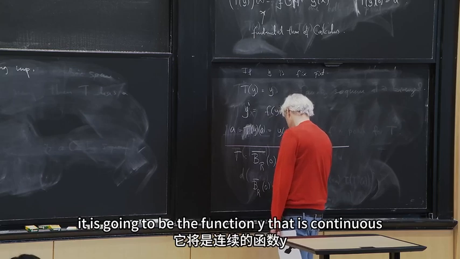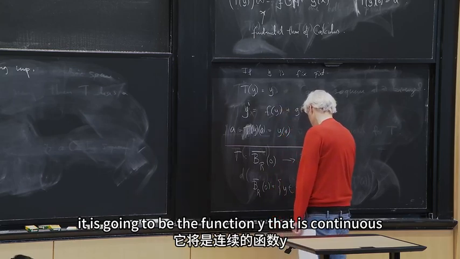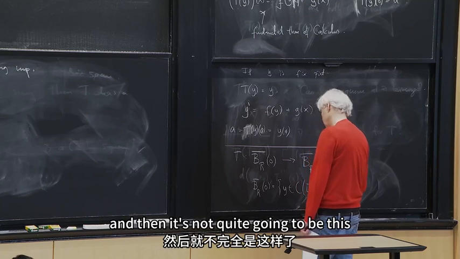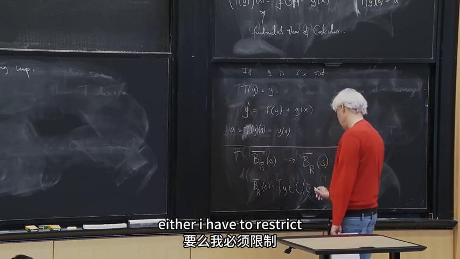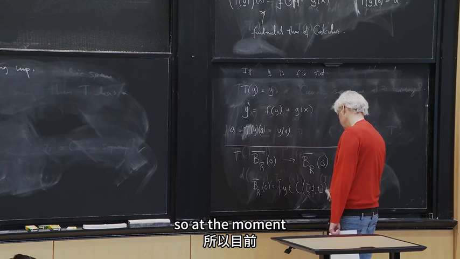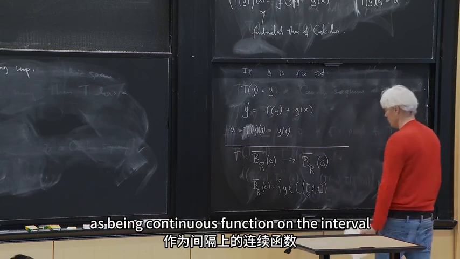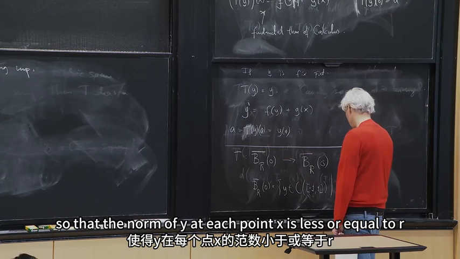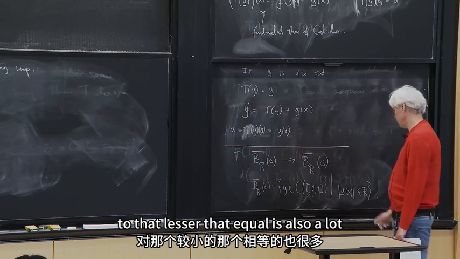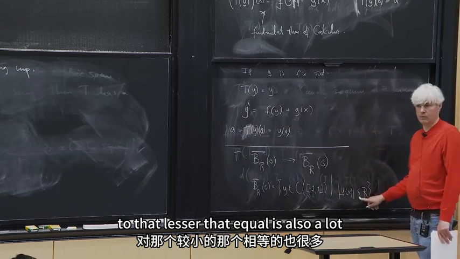So this thing here is going to be the function y that is continuous. And then it's not quite going to be this either. I have to restrict, but I'll get to this in a second. So at the moment, you can think about it as being continuous functions on the interval, so that the norm of y at each point x is less or equal to r. And this bar here refers to that equal is also allowed.